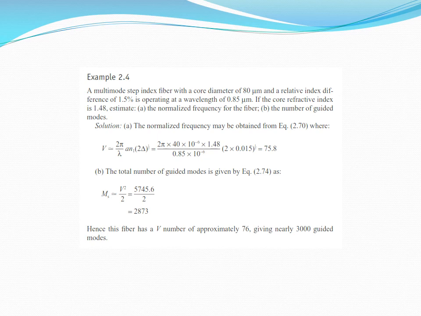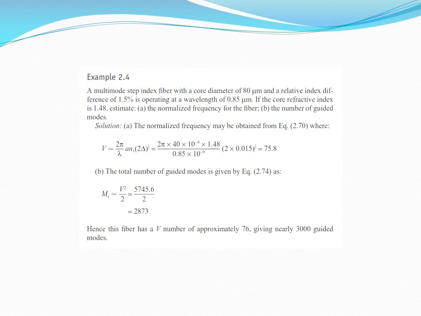Then we have to estimate the normalized frequency V for the fiber and the number of guided modes in the step index fiber, MS. MS is based on V, so V square by 2 will give the number of guided modes. Before that we have to find the normalized frequency. It is obtained by V equal to 2 pi by lambda into a into the numerical aperture, and numerical aperture is n1 into 2 delta to the power half.